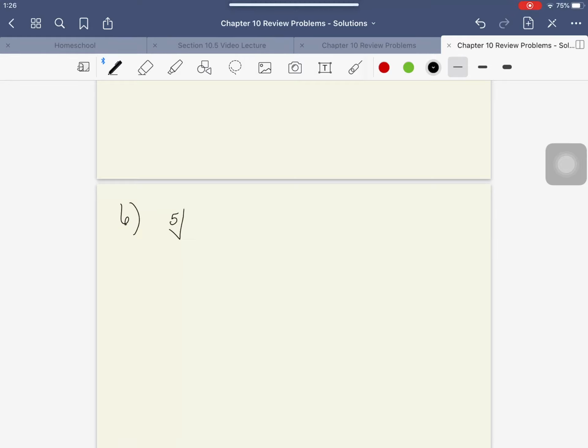All right, number 6, the 5th root of y times the cube root of y. I'm going to rewrite these with fractional exponents, and the reason why I'm doing that is because my roots are not the same. So I'll rewrite this as y to the 1/5 times y to the 1/3, and now I want to give them the same base using the LCD.